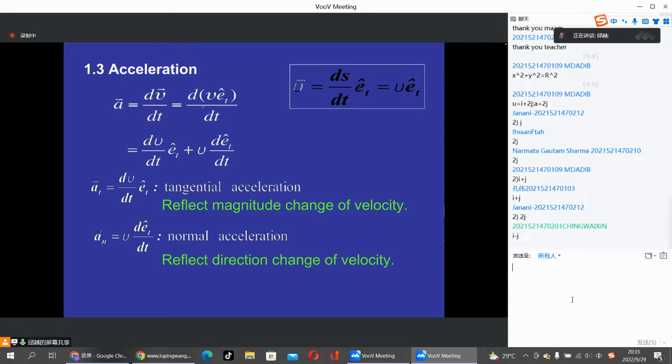And in order to take dv/dt, we learn that it has two terms, right? et dv/dt, and we put v out of det/dt. So it has two terms. The first term reflects the magnitude change, and the second term reflects the directional change.